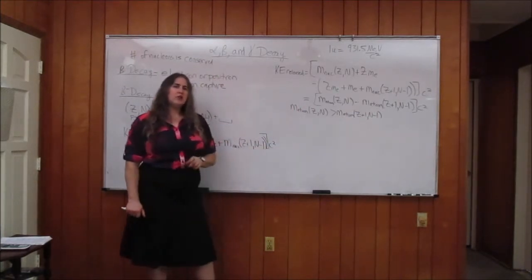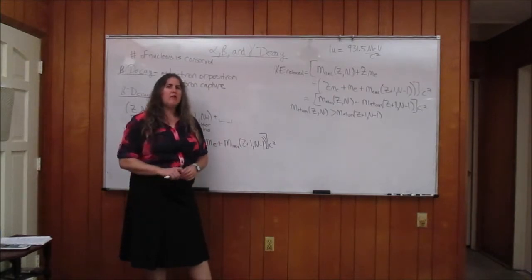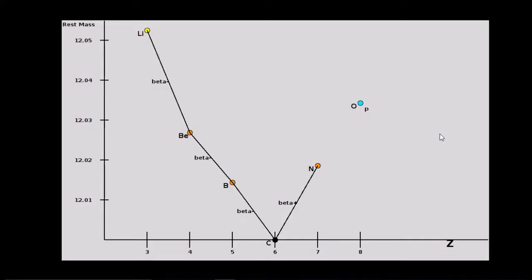Let's go back and look at that graph of the A equals 12 isobars. Let's focus attention on the isobars to the left of carbon-12. Lithium-12 emits an electron and decays into beryllium-12. Beryllium-12 emits an electron and decays into boron-12. And finally, boron-12 emits an electron and decays into the stable nuclide carbon-12.